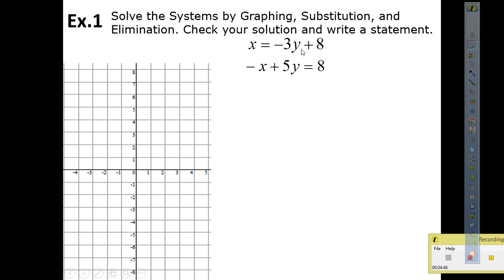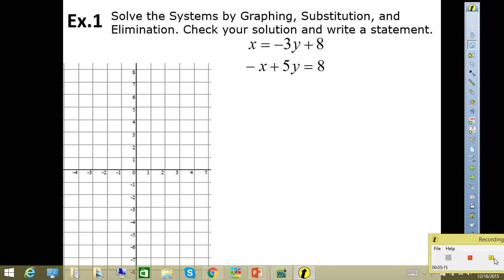X equals negative 3y plus 8, and negative x plus 5y equals 8. Copy that on the top left, which is over here on top of the graphing paper right here. The one with the one graphing paper only. Copy that, please. Okay. All right, here we go.